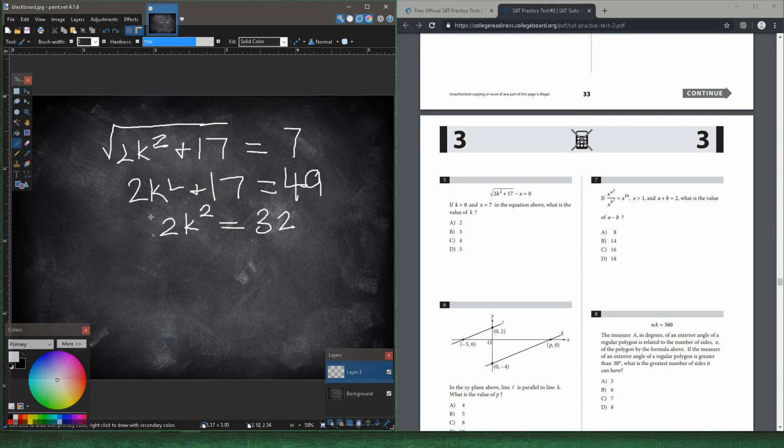This question is the bane of my existence because it uses 2 a billion times. So then divide by 2 on both sides. k squared is equal to 16. So k is equal to minus 4 or 4. But since they said here k is greater than 0, it has to be positive. So the only answer is this one. So the answer is 4, which is C.